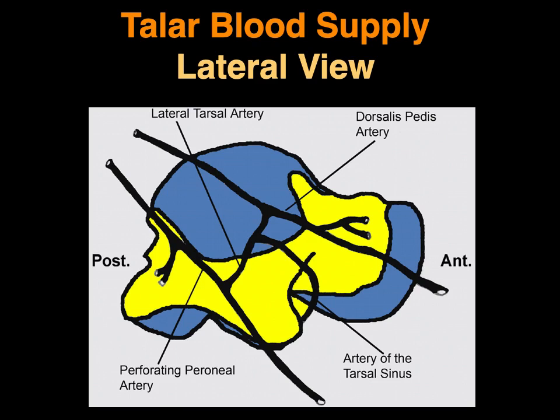And there is a lateral tarsal artery that branches between these two and again forms that artery that reflects along the lateral neck of the talus and anastomoses with the blood supply from the medial side to form the inferior retinacular vessels. This artery coming from the lateral side is called the artery of the tarsal sinus.